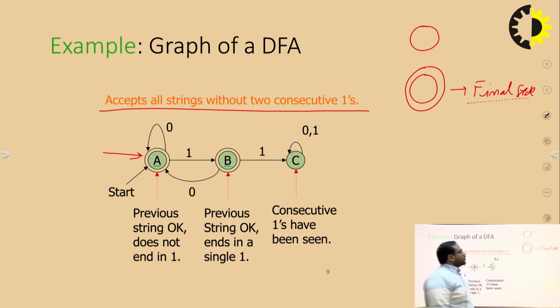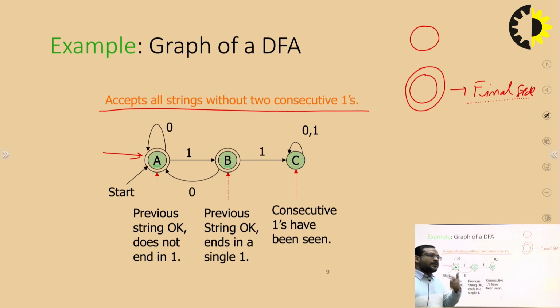A single circle is also a state, this is also a state, this is also a state. All 3 are states, but the double circle represents the final state. Got my point? And when a single arrow is shown and there is no input symbol on it, while all other arrows have some symbols, this arrow represents the initial state.